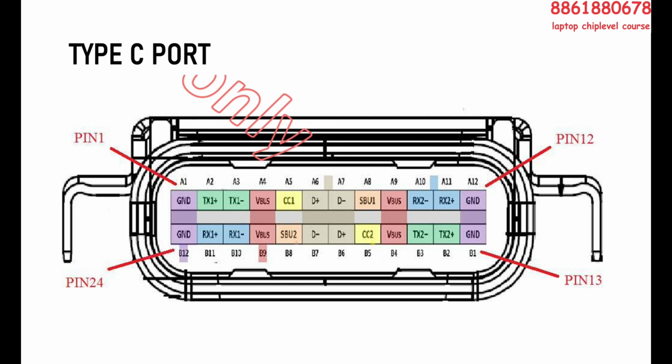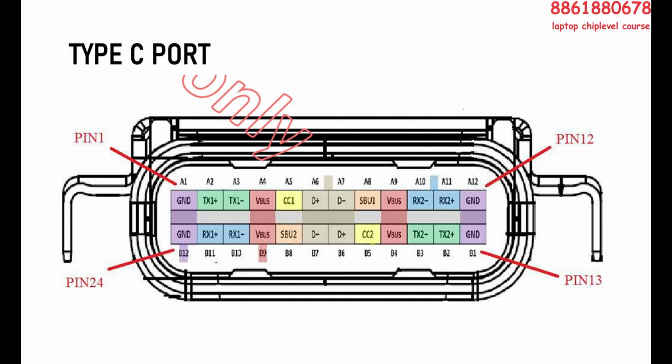Okay. Suppose you are connecting to the normal path, then this CC, the communication channel, will connect to the PDIC, power delivery IC. Based on that, the path, CC1 or CC2, data will come out from the PDIC. Okay, this is the most important thing.